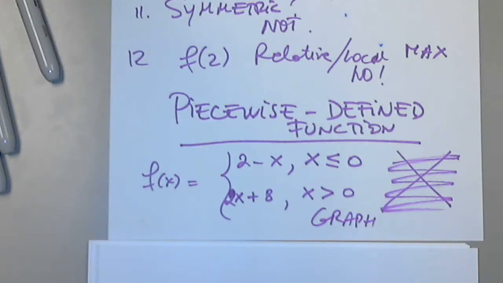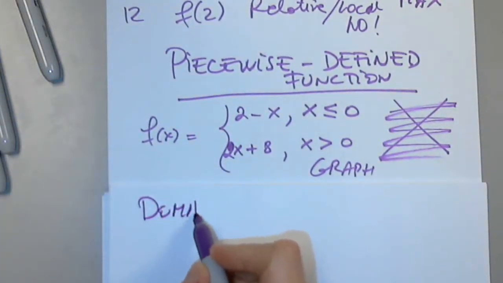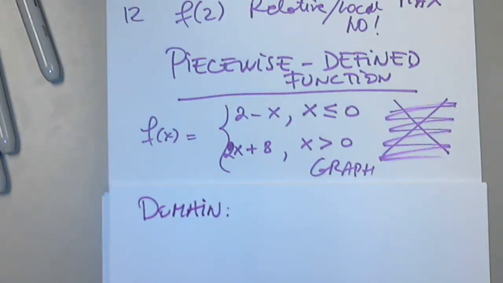That's the key. Every time we graph, that's the first thing we need to find, because I don't know where to graph it. Always the domain is the key. Before I find the domain, I can't do anything. Very good.